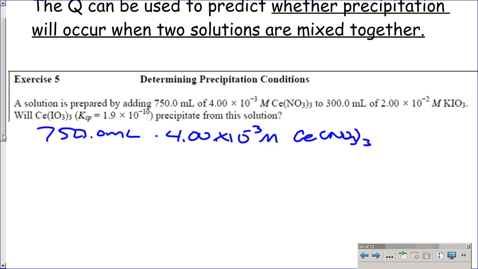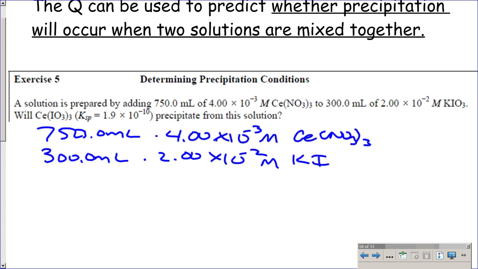It's on the bottom, on the strip, also known as the inner transition metals. Oh yeah. All right, I don't know the charge of that. I'm guessing it's a 3. So we have cerium 3 nitrate, and then we have 300 milliliters of 2.00 times 10 to the negative 2 molar potassium iodate.